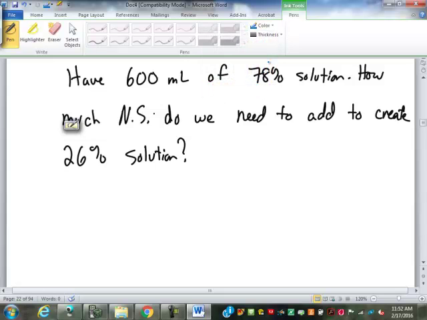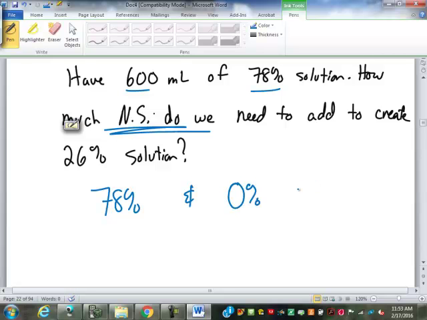So now here, the tricky part is figuring out what the ingredients are. The 78% is one of our ingredients. But what are we adding to the 78%? Well, NS, normal saline or neutral solution. What percent medication is in that? 0%.